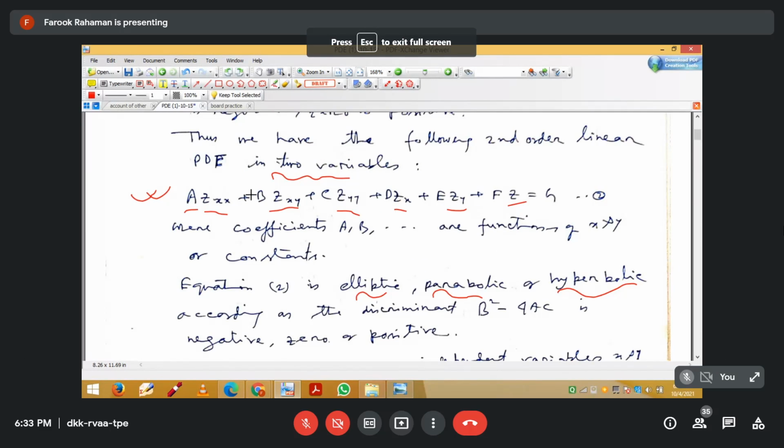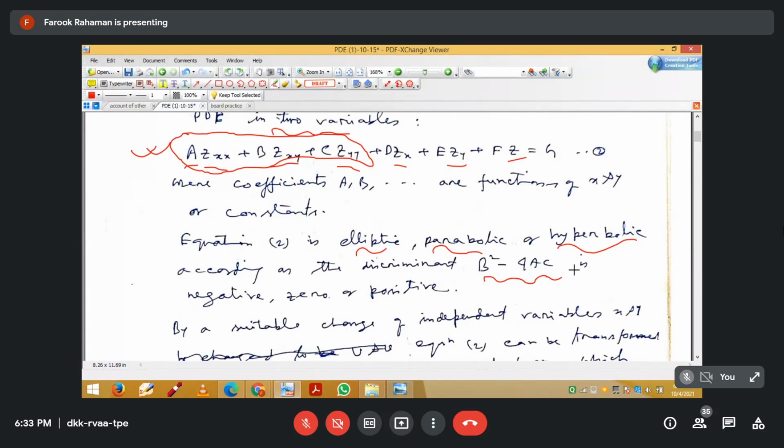It just depends on the discriminant, only for this second order part, that is b square minus 4ac. Is it negative, zero, or positive? We can say that this differential equation is of elliptical form, parabolic form, or hyperbolic form.